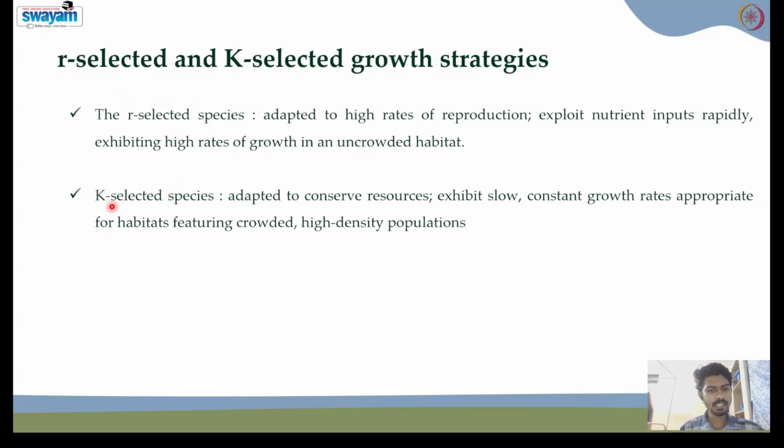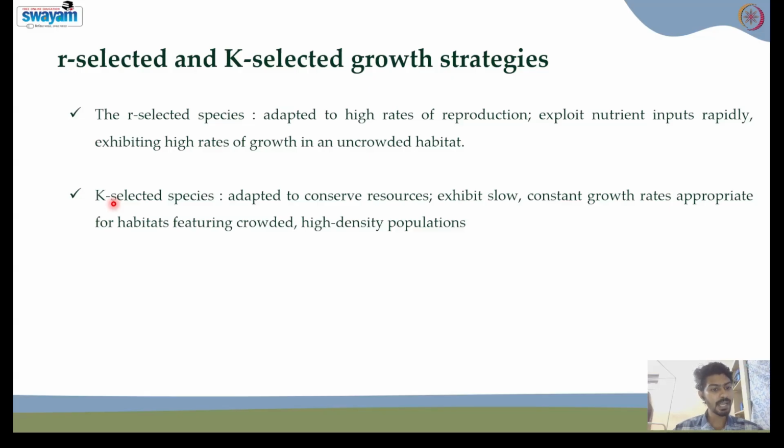What about the K selected species? It is not like that. What happens? They don't grow overnight. Their growth is very slow, they conserve their energy, and they survive for decades. So we call these kinds of species K selected species. So in short, we can say that R selected is nothing but their growth will be quick and explosive, with short-term success.